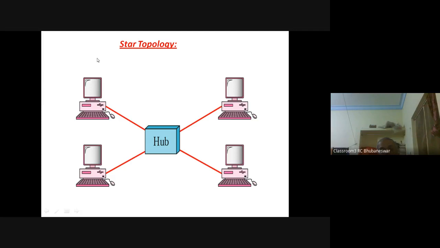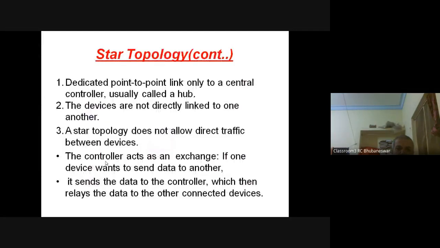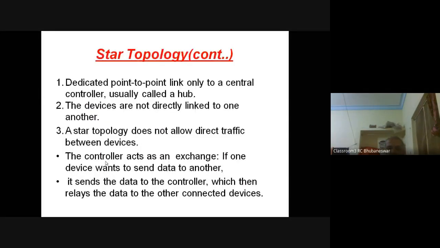If A wants to transfer data to D, then it will transfer the data via hub. Is it clear? इसमें एडवांटेज क्या है? With compared to mesh topology very less number of links are here. Hub acts as an exchange.